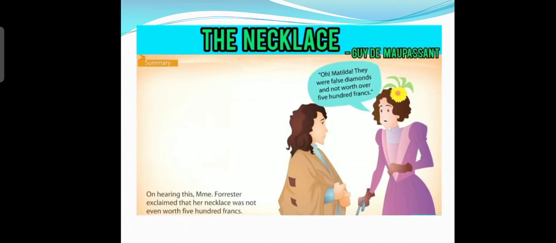On hearing this, Ma'am Forestier exclaimed that her necklace was not even worth 500 francs. See, here Ma'am Forestier is explaining to Matilda that her necklace was not the real one. Oh, Matilda, they were false diamonds and now not worth over 500 francs.